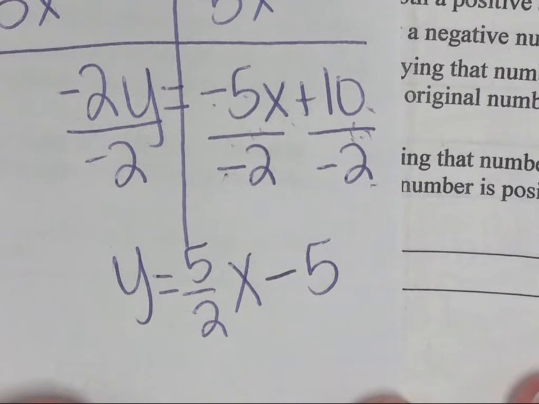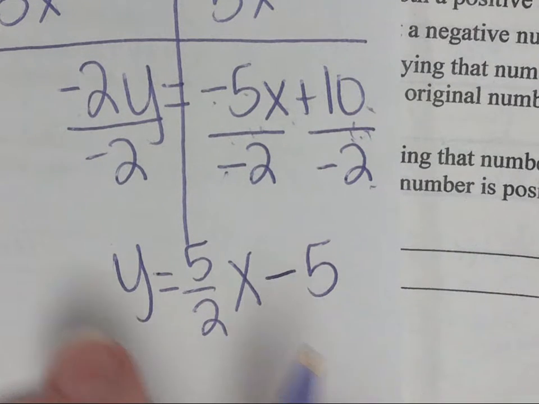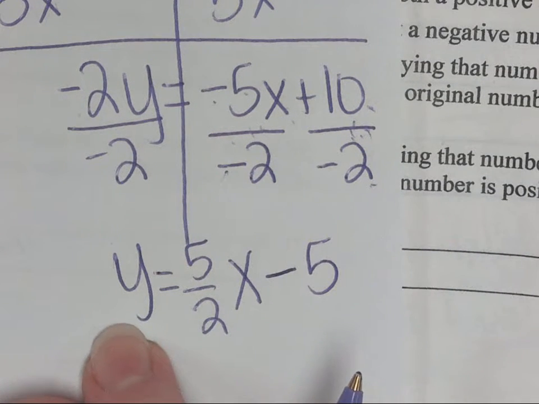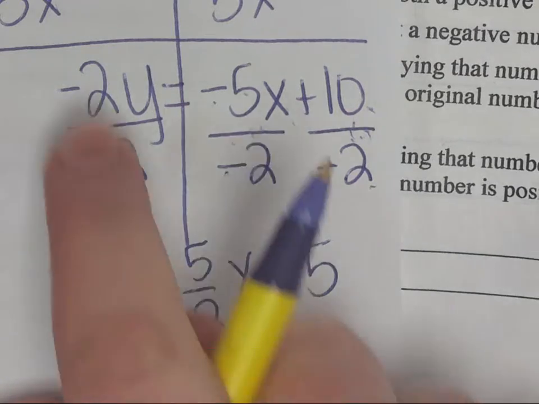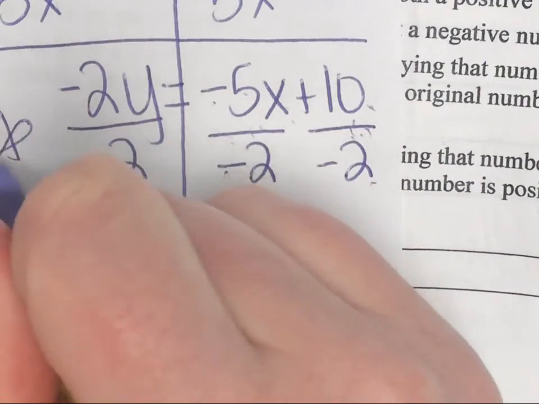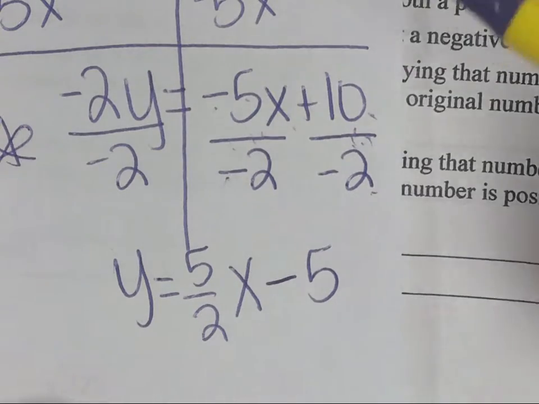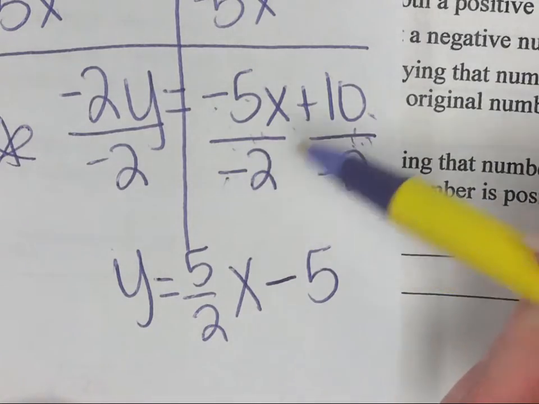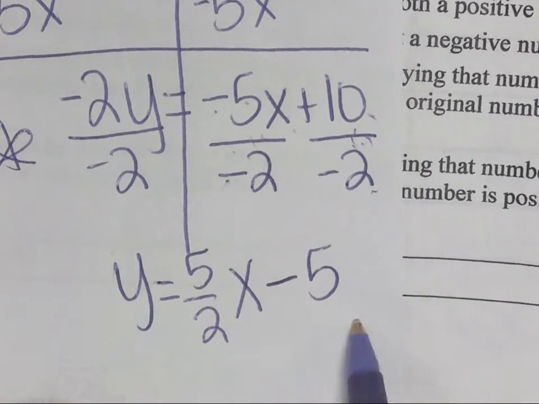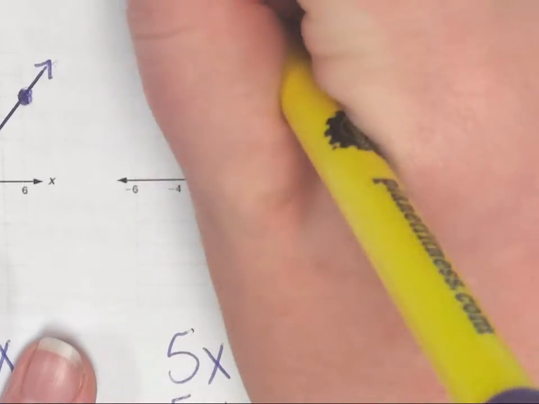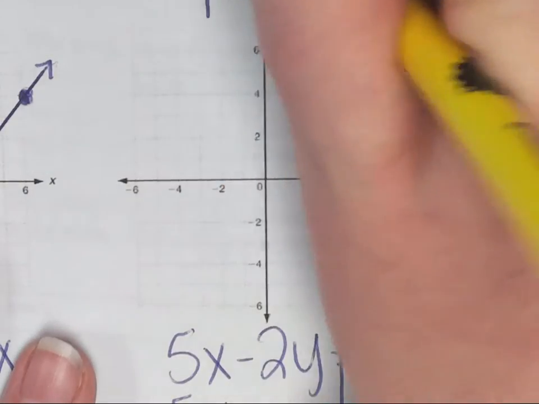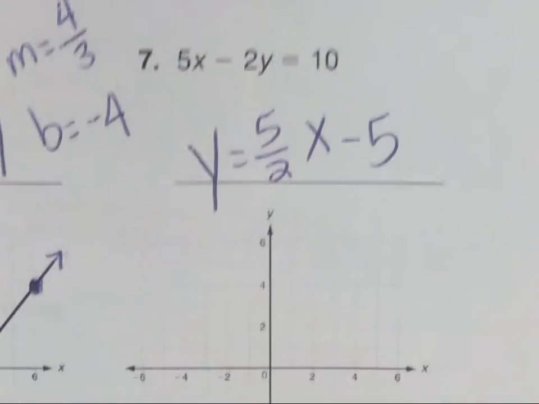And we still need a y. We have y. So this right here is the only new extra step that I'm adding. Okay? And we'll practice another one of these problems. So I'm going to go up top, rewrite my equations. Y is equal to 5 halves x minus 5.